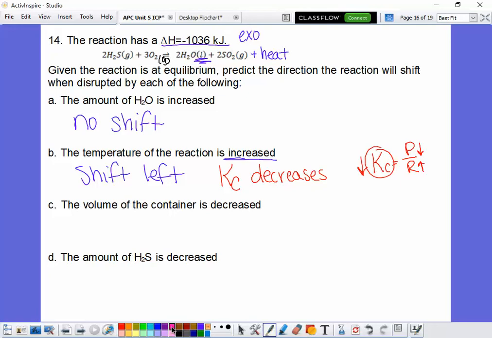More specifically, they're inversely related, right? Okay. Pressure and volume are inversely related. So, if we decrease the volume, you could also say that's increasing the pressure inside that container. I like to put it in terms of volume, though, because when you decrease the volume, the smaller volume, you go to the side with the smaller number of gas moles.